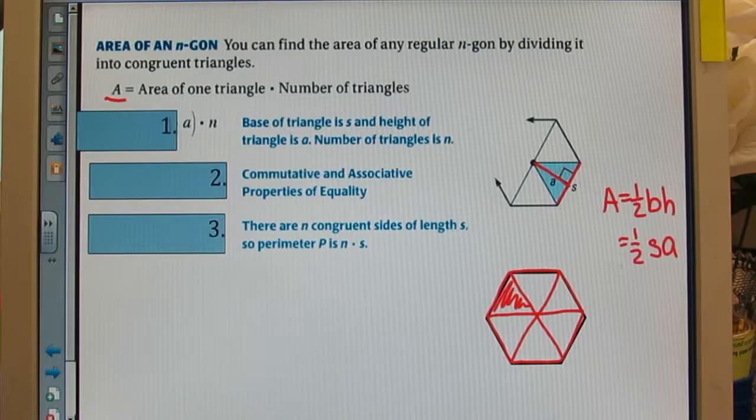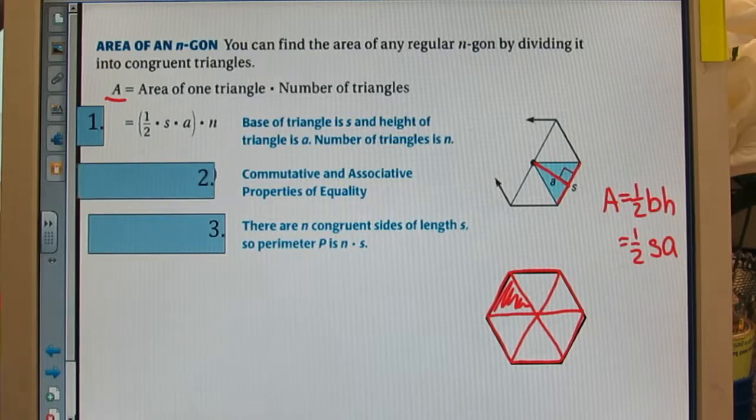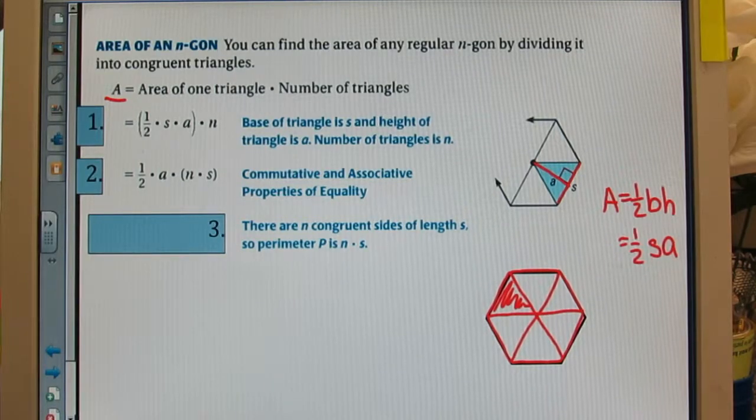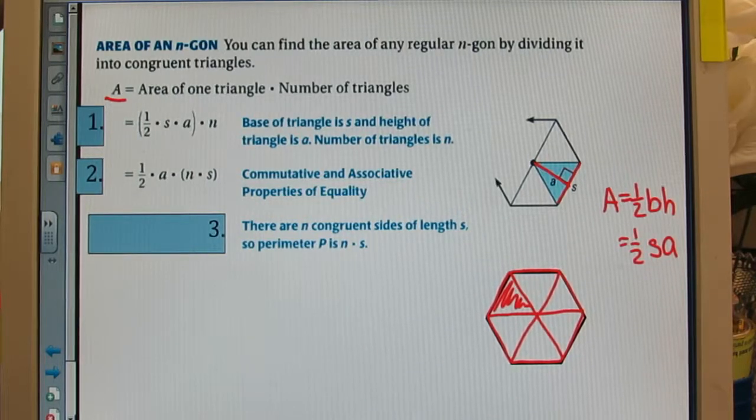So I start with the equation 1/2 S times A times N, the number of triangles. And the commutative and associative properties of equality tell me that I can rewrite the equation as 1/2 times the apothem times N times the length S. Well, I know if there are n congruent sides of length S, then I simply have the perimeter of my polygon.